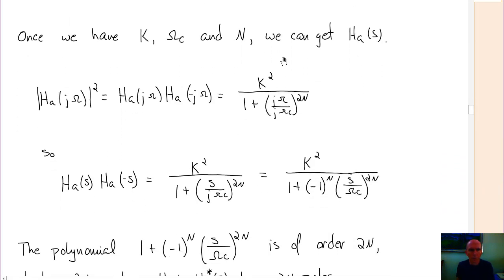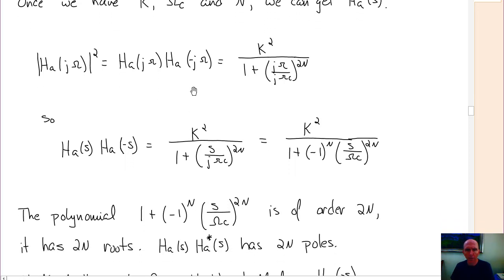Once we have k, omega c, and n, of course now we can get the transfer function. This is the function that we need for the actual filter. What we saw before is that the magnitude squared is equal to this function. Now, since we have it written in H of j omega, the complex conjugate will be changing j for minus j, and so this is what it would look like.